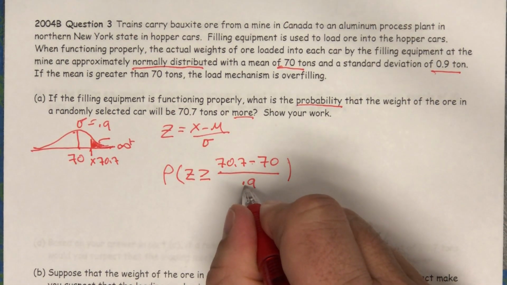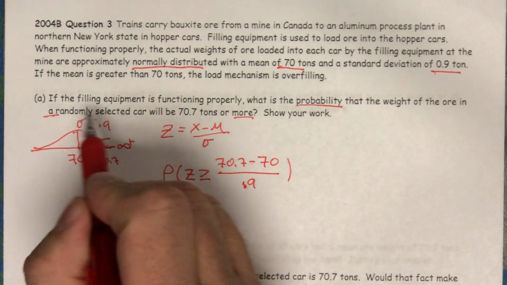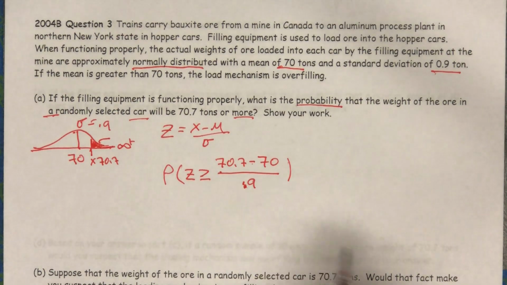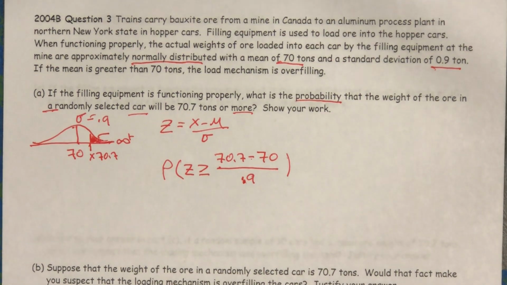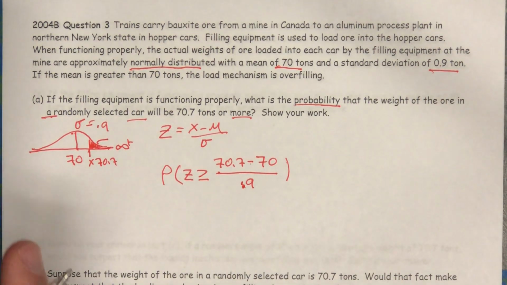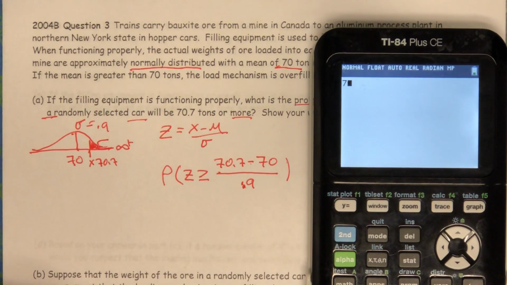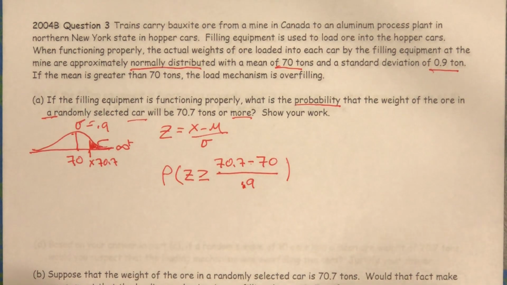I do not have to worry about the distribution of the means because we're only talking about one car, so I'm only dividing by the standard deviation of 0.9. So it's important that we calculate our Z-score. 70.7 minus 70, divided by 0.9, is 0.778.